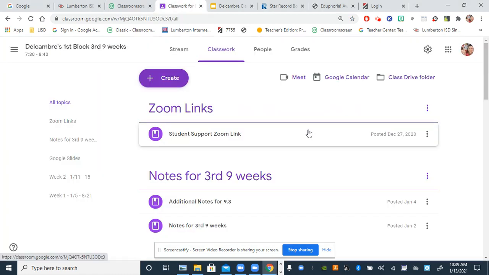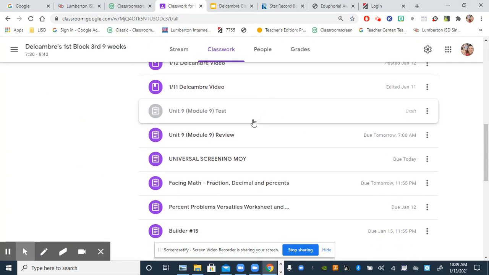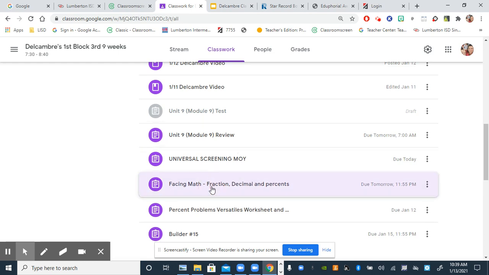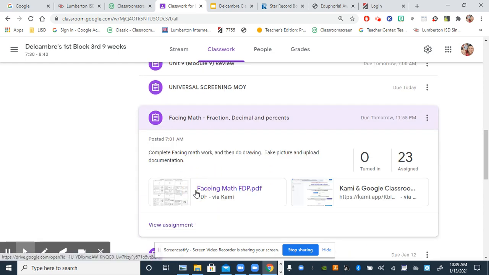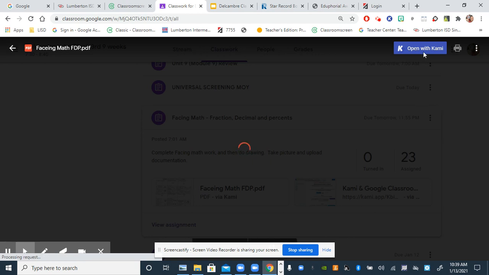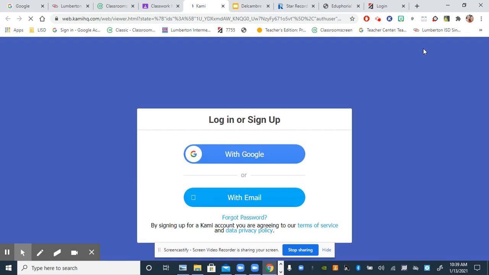Let's look into our Google Classroom, and there you will find your review and then your facing math. Click on your facing math, and you can do this two ways. You can print this out, or you can take notebook paper and do this on notebook paper. I would do this on notebook paper instead of doing it on Cami because it would be a lot easier.